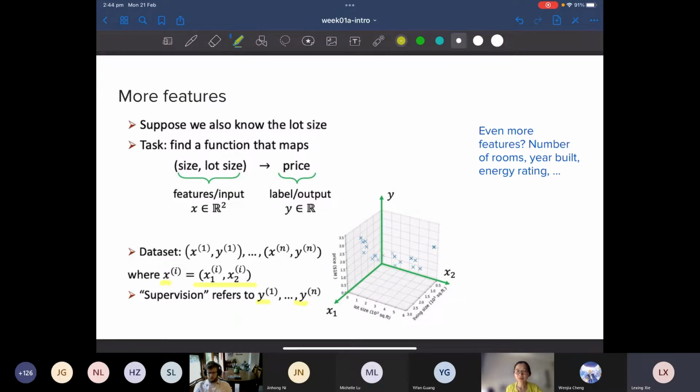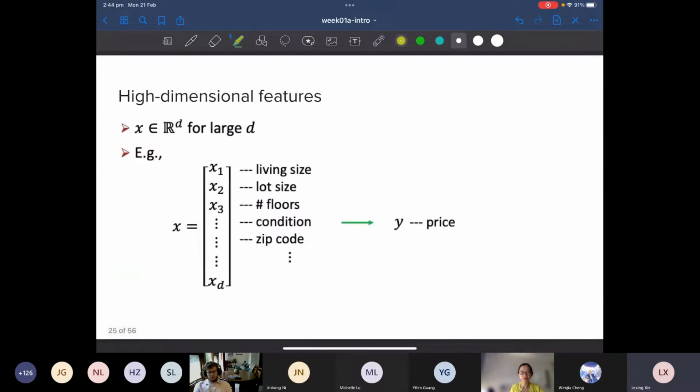So what about, right, you can see that, well, an object like a house certainly has even more features, right? So we basically then stack all these features into a long vector, X, in R^D, a real space of D dimensions, and we can use the vector to predict the price.